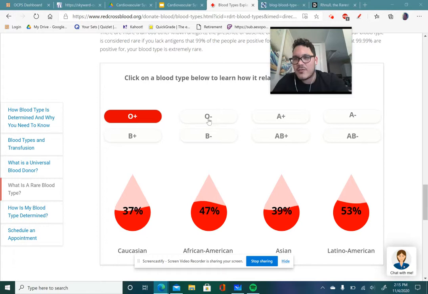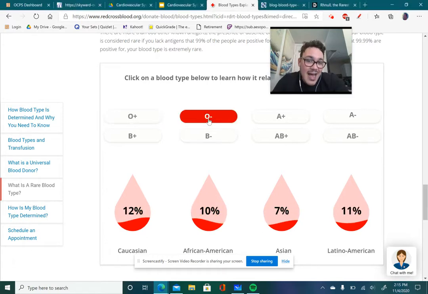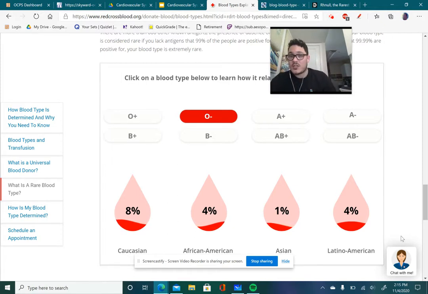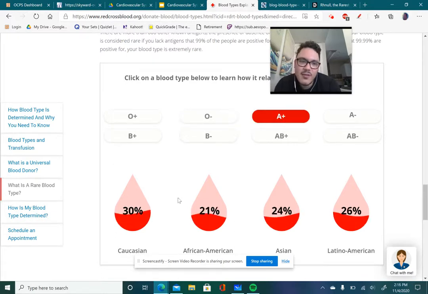What about O negative, the universal donor? Not that many. This is once again why I was mentioning that if you are O negative, it would be important to donate blood, because that blood is basically like gold. What about A positive? A positive is a blood type that's actually more prevalent amongst Caucasians, and more specifically of European descent.